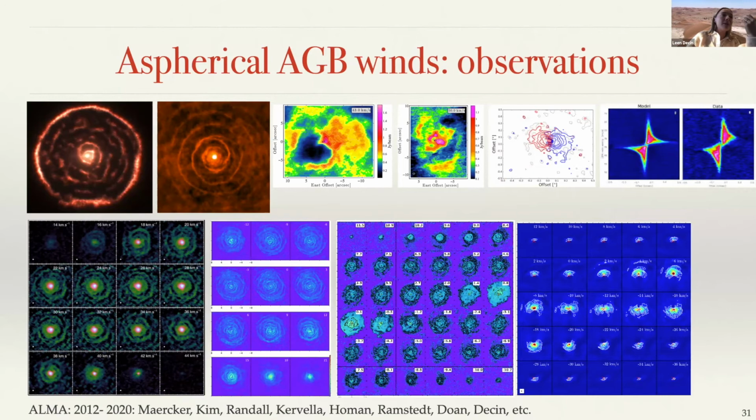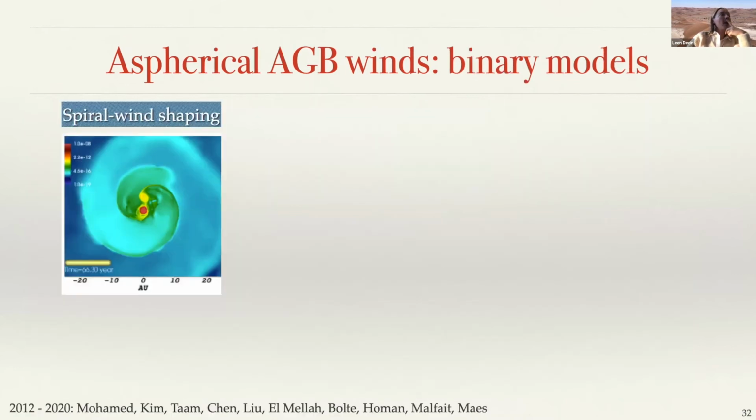But given these new ALMA observations from 2012 onward, that had triggered in our community a new effort into understanding that also from a theoretical point of view. And so various groups have started simulations taking into account the impact of a binary companion. And various kinds of shapes can form.